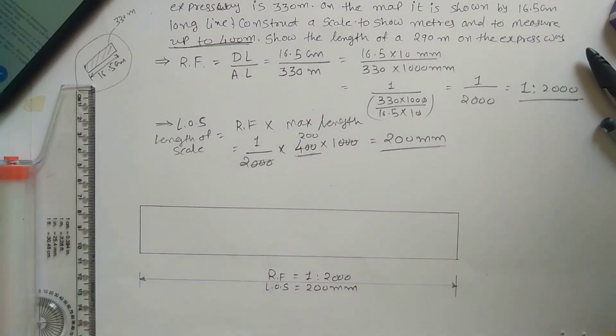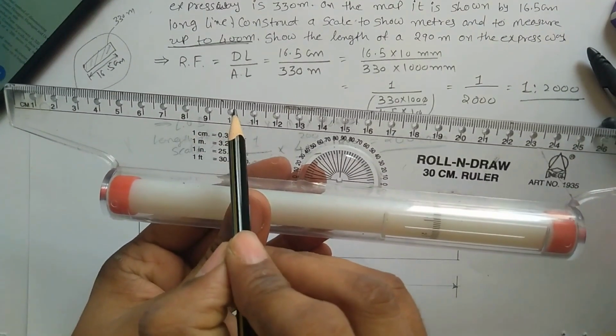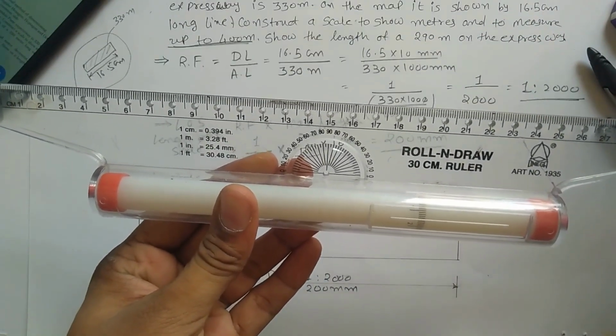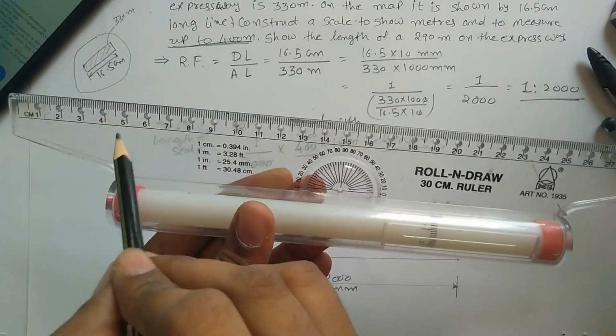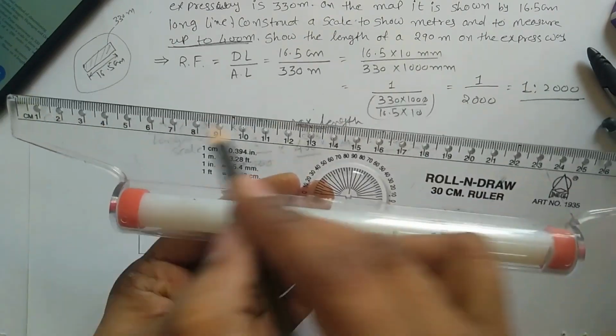But if you need below that 400 meter, let's say 200 meter or even 220 meter, then you have to do some partitions. As an example, you can see this scale can be measured up to 30 centimeter, but if you want to measure 20 centimeter, then you have to mark these scales accordingly and you can get a 20 centimeter over here.